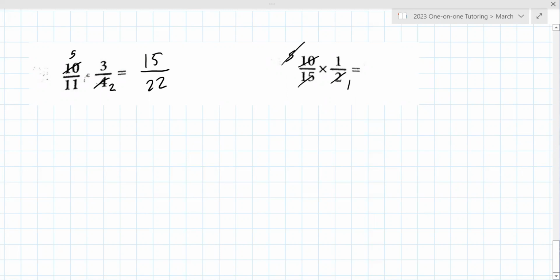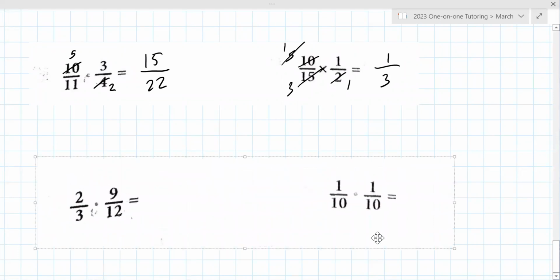Yeah, the 5 goes into both of those. Okay, so then. Okay. Last one, 3 and 9.